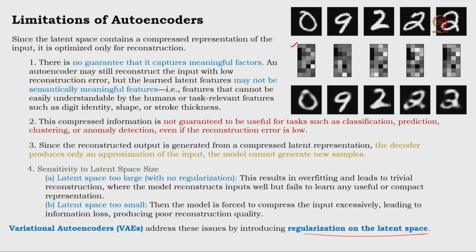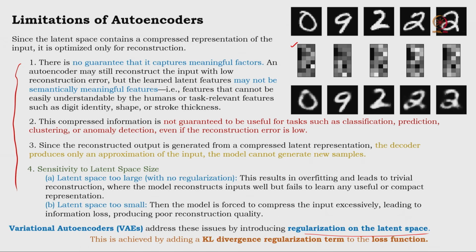If the latent space is causing all of these limitations, then VAE addresses this by taking care of that latent space. How is it taking care? By introducing regularization on the latent space. And VAE achieves this by adding something called a KL divergence regularization term to the loss function. Therefore, to the loss function that we have, we will add a KL divergence regularization term that we will be exploring.